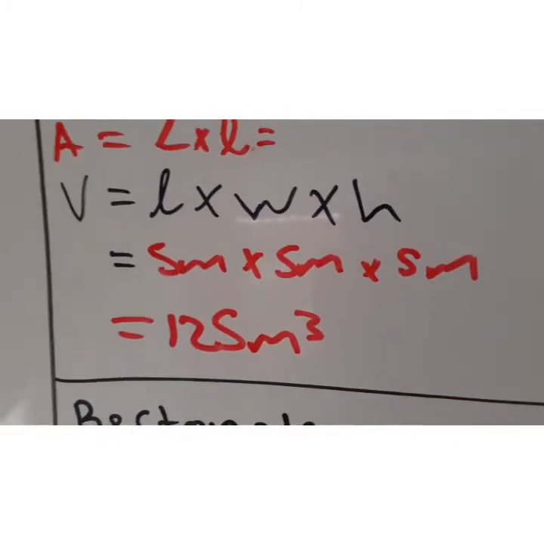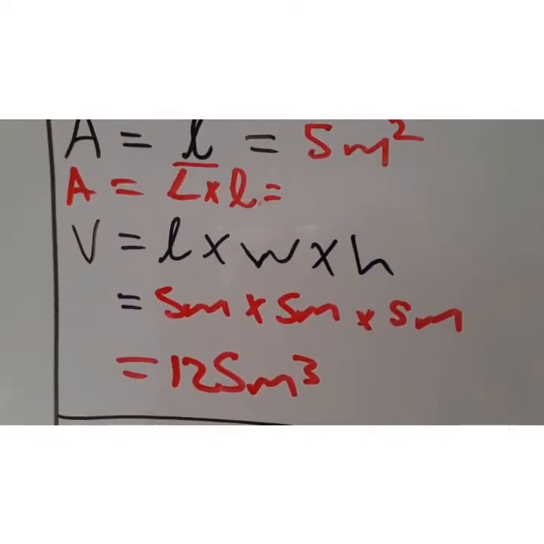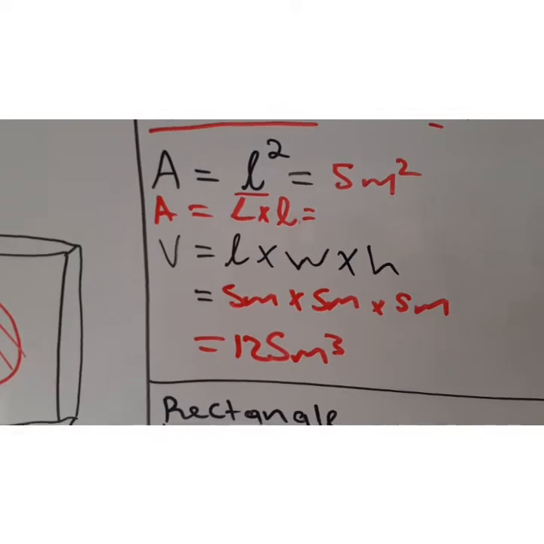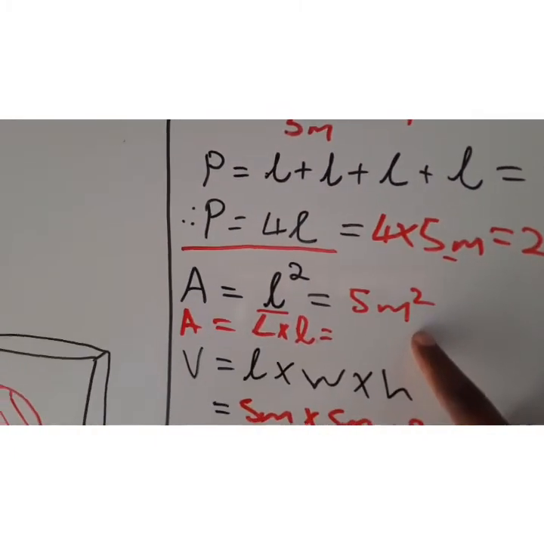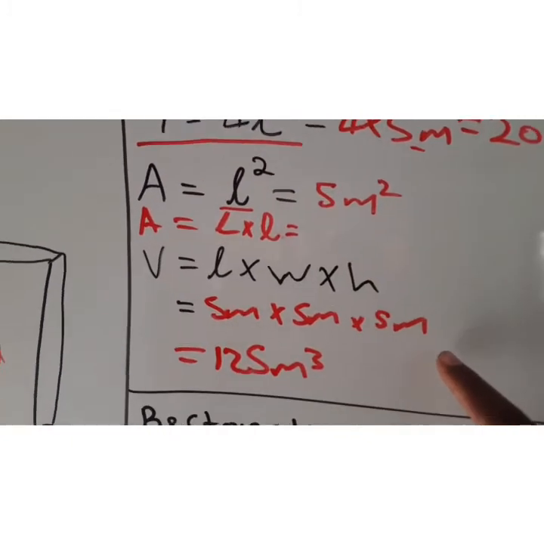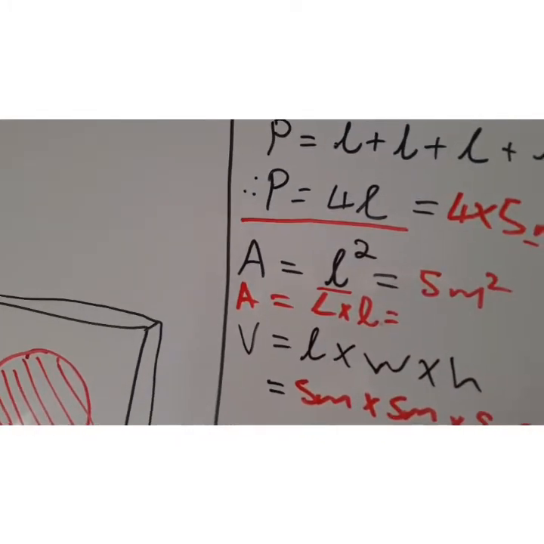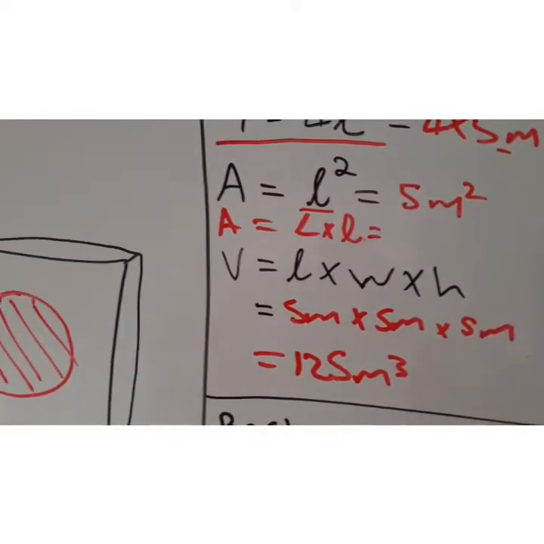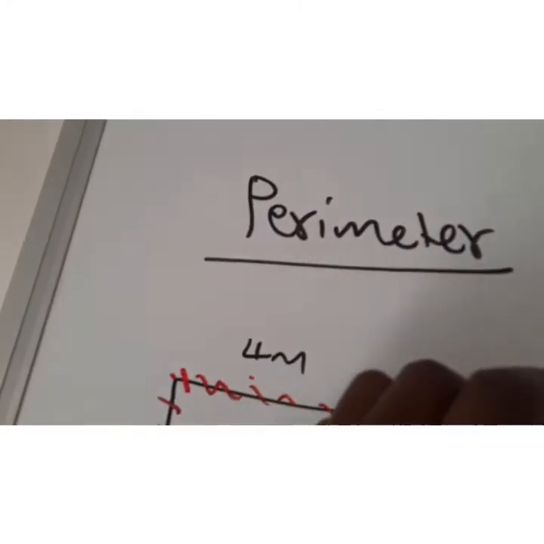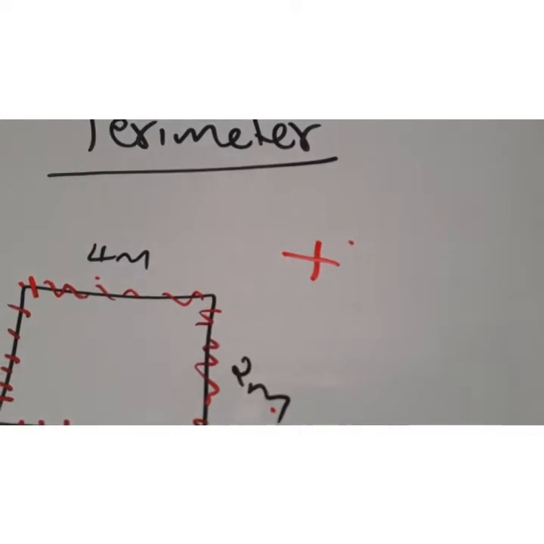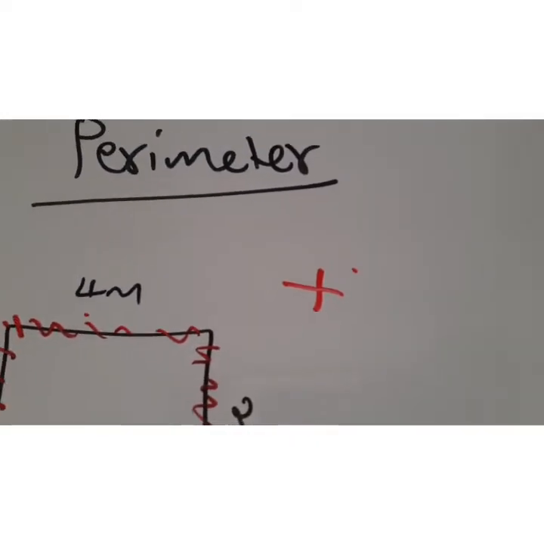Now, another thing I forgot to explain concerning the units. Your perimeter would be in meters. Your area would be in meters squared. Your volume would be in meters cubed. In perimeter we are adding, therefore the unit remains in its singular form.